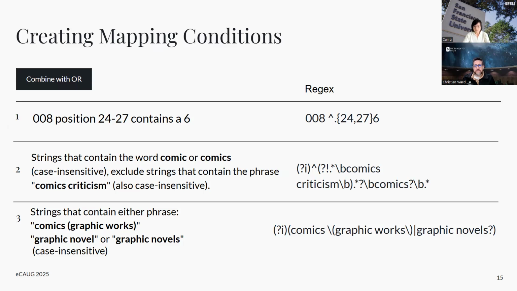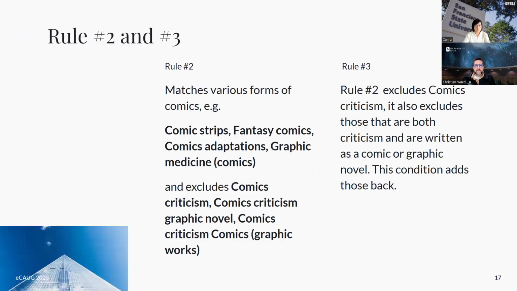So we wanted to catch all forms of comics, for example, comic strips, fantasy comics. This includes uppercase, lowercase, and sometimes comics is the first word, sometimes it's a subsequent word, sometimes it's in parentheses. So rule 2 is to capture all the scenarios.